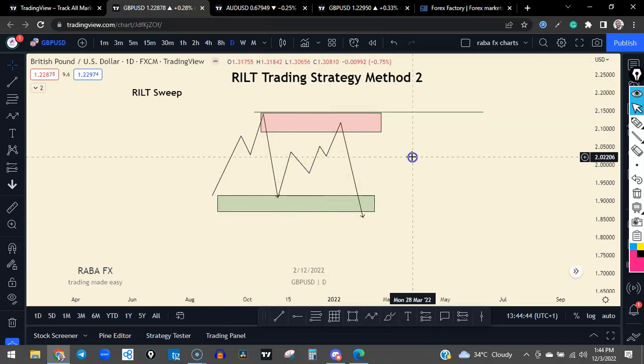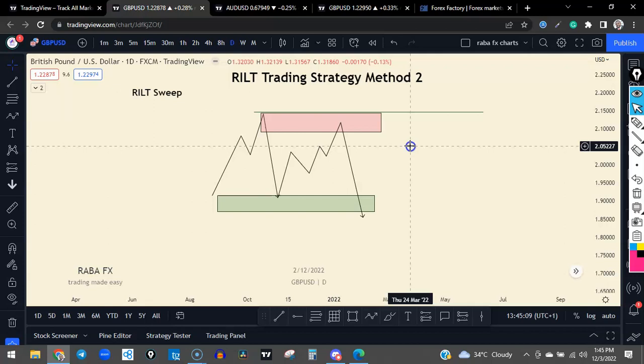There are some that can easily be spotted, and one of them is using the R.I.L.T line. The R.I.L.T lines are simply highs and lows that have been produced during high impact news. What are high impact news? These are news releases like non-farm payroll, CPI, the PMI report, and so on, and the interest rate decisions of various central banks.